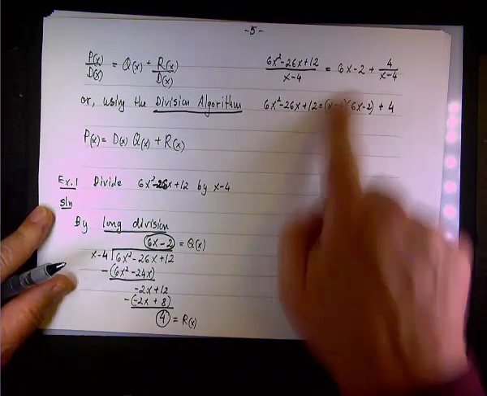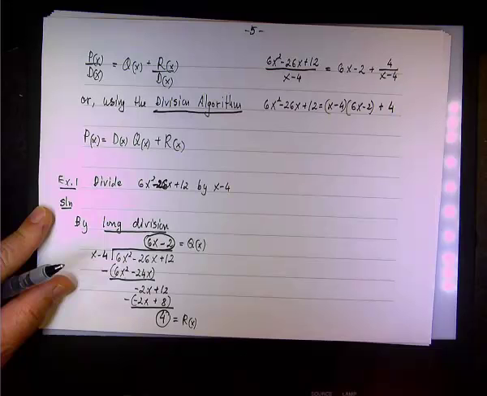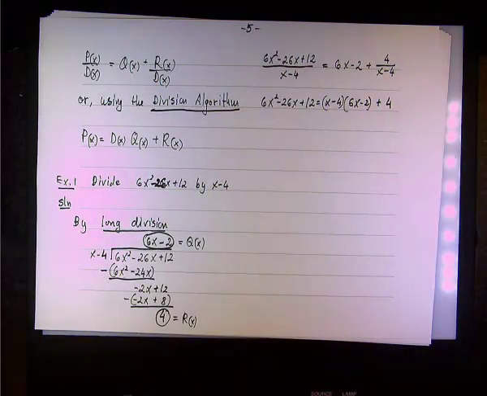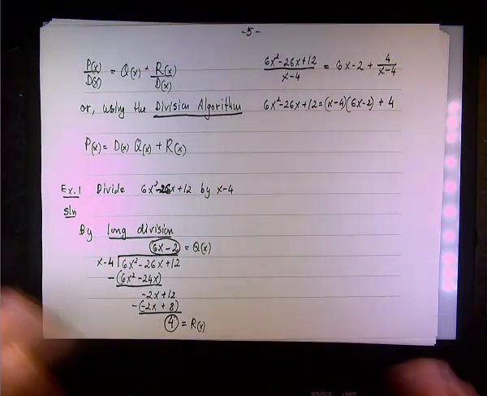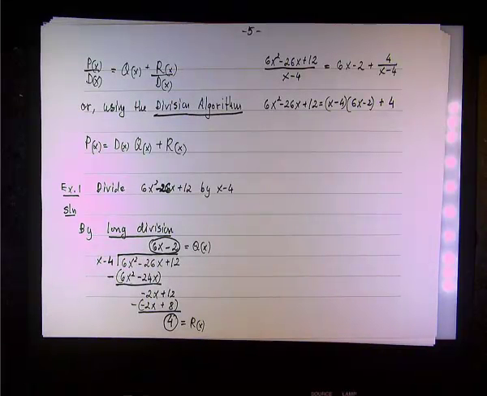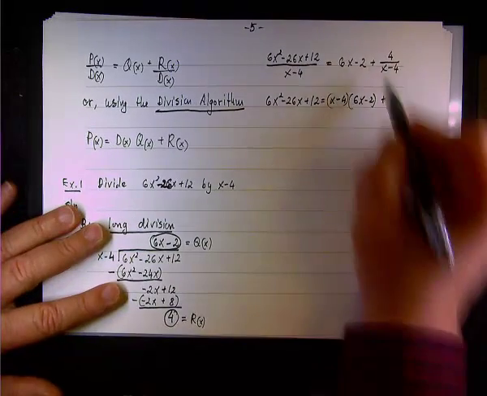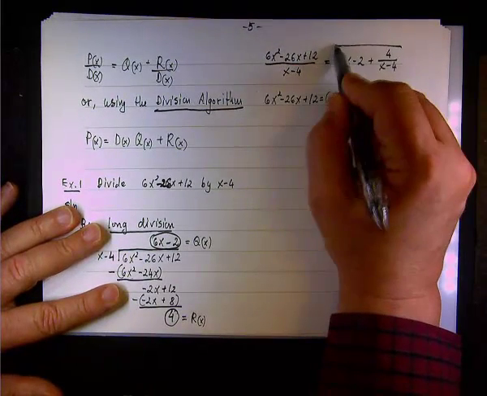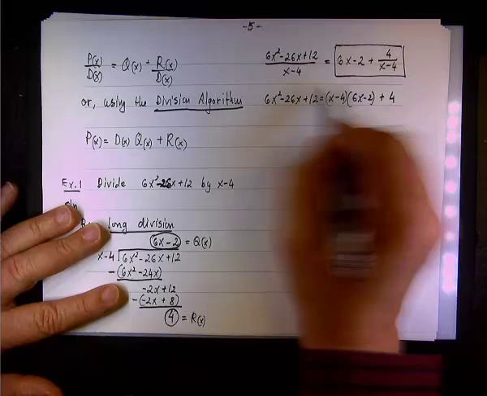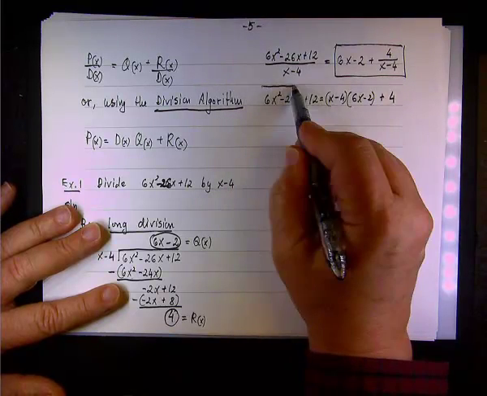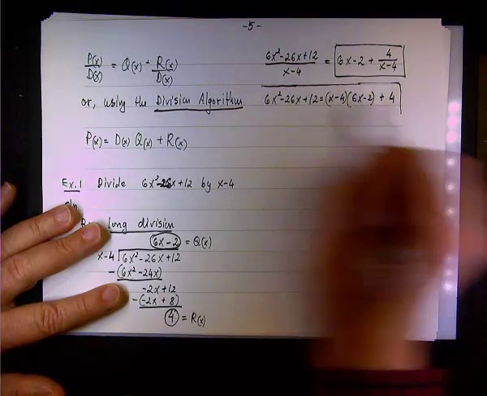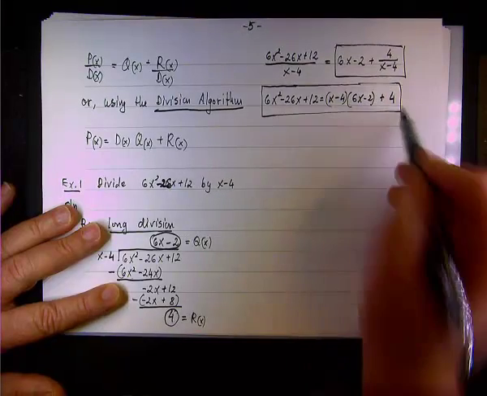And we end up with a line, 6x minus 2. It's a slanted line, an oblique line. That's why we call it an oblique asymptote. So, except for this remainder, we can write the polynomial as a product of two factors. Of course, it won't be algebraically correct, but it can be some sort of approximation.